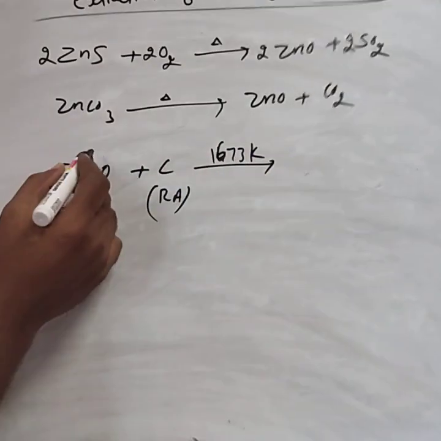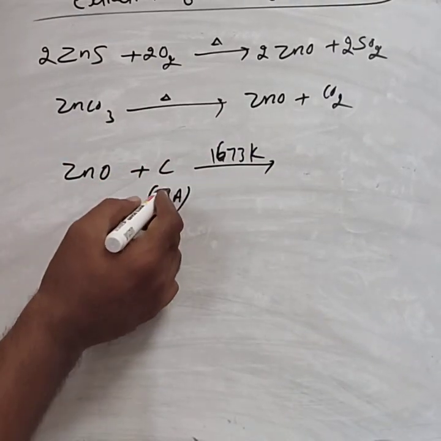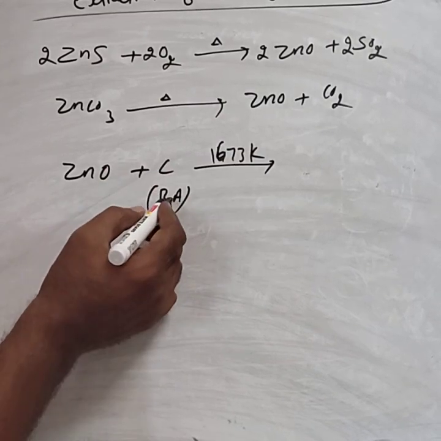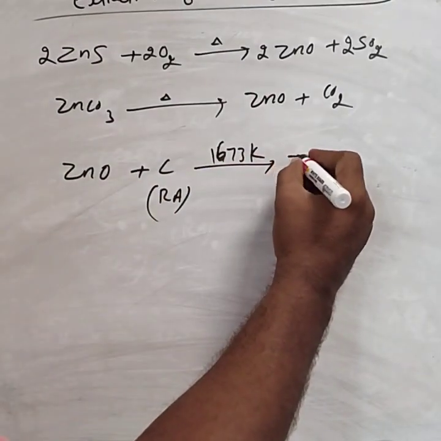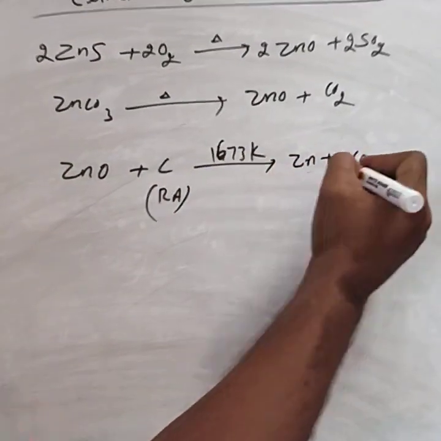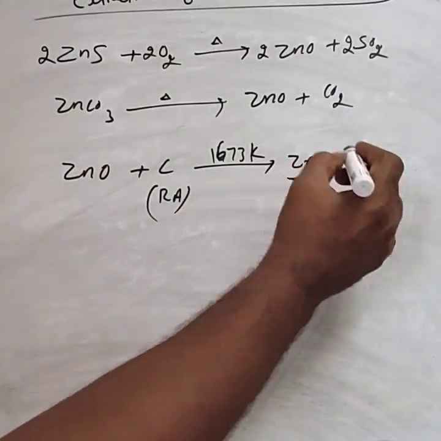Here the coke reduces zinc oxide into zinc, forming CO. This is the extraction of zinc.